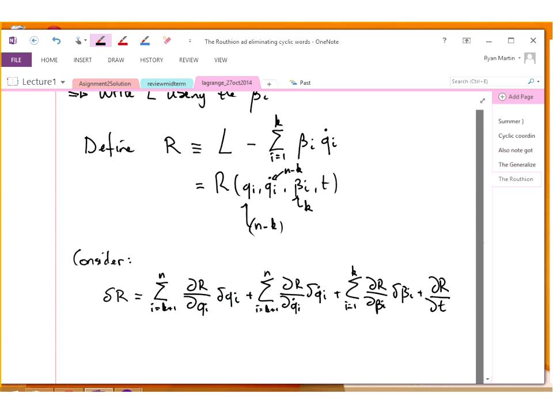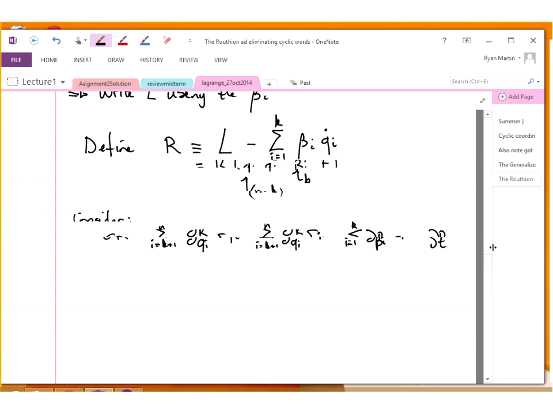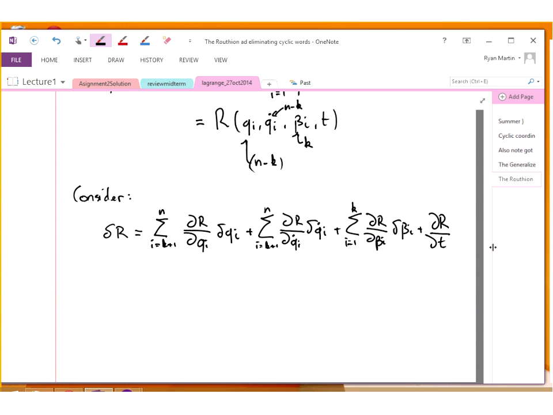Okay? So that's just simply writing out the variation for a general function that depends on these various coordinates.